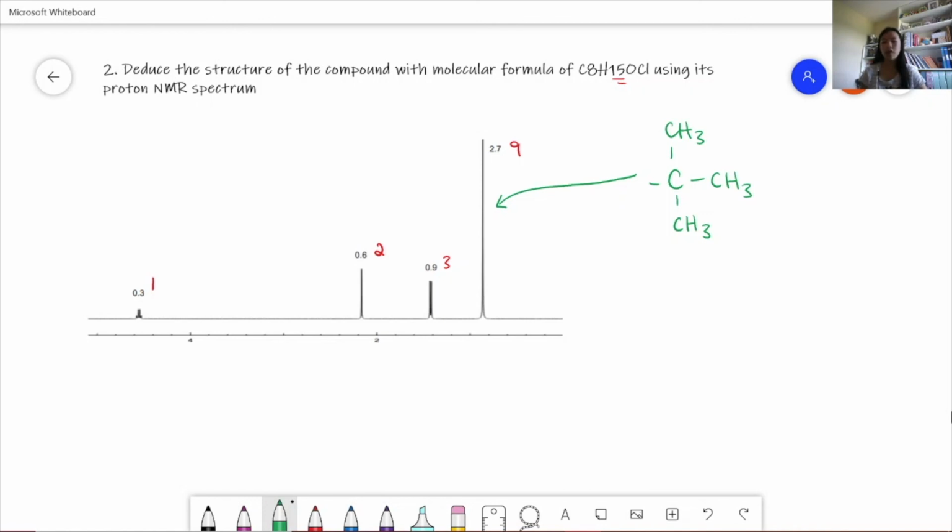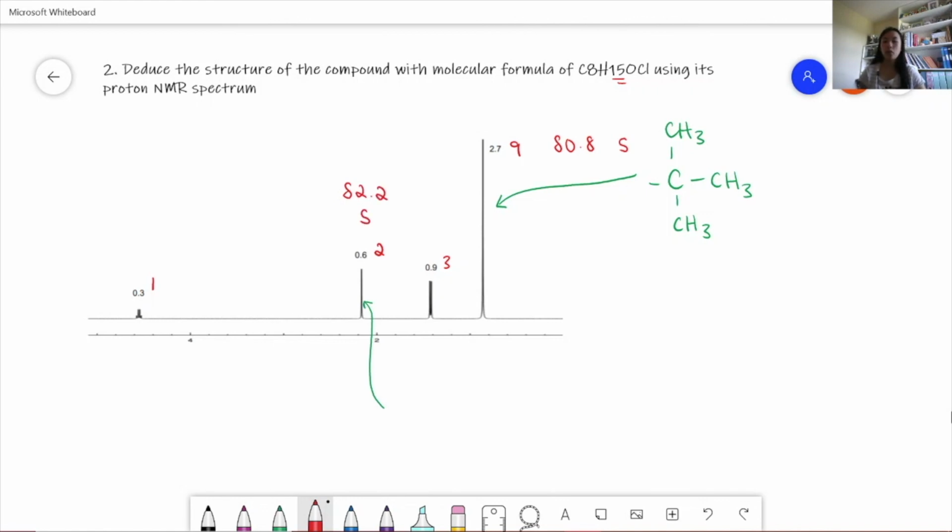And now I'm going to look at this singlet here. And it's also important to note, actually, that the singlet with the relative intensity of 9 is at a chemical shift value of 0.8. And it's a singlet. And so for this singlet that we have, which has a relative intensity of 2, this has a chemical shift value of 2.2, and it's also a singlet.